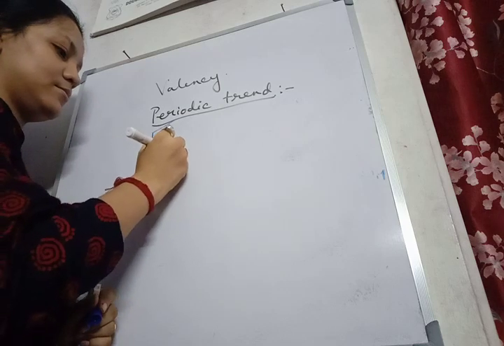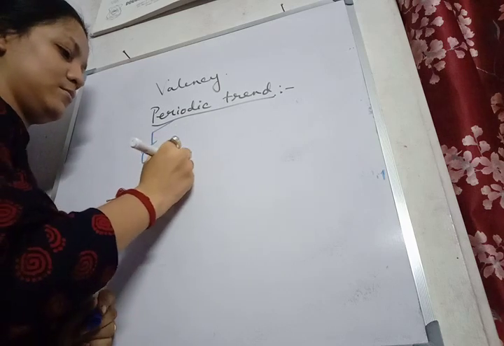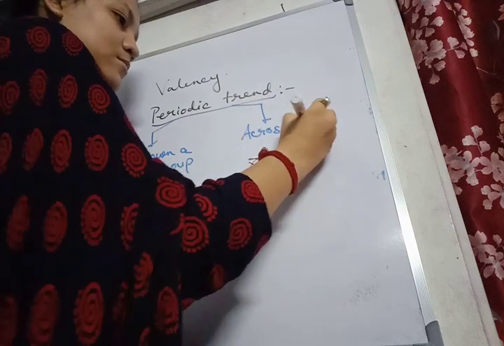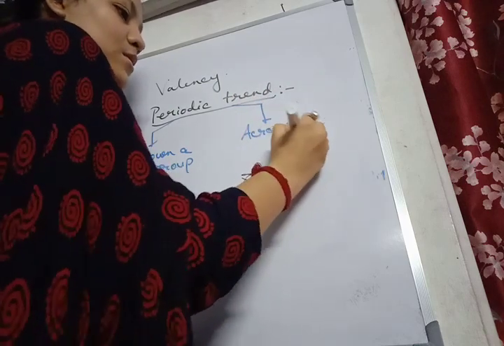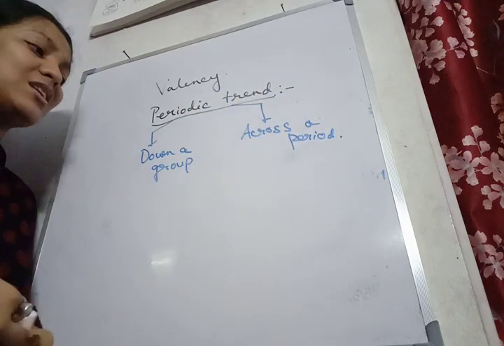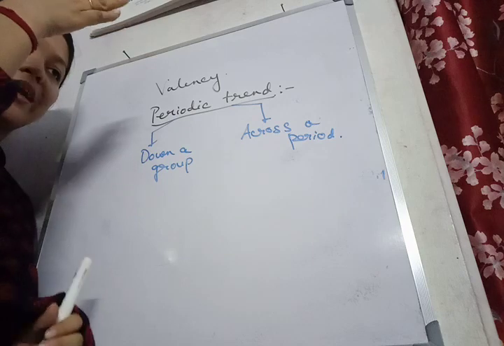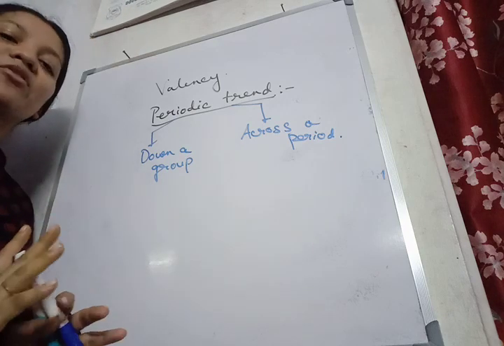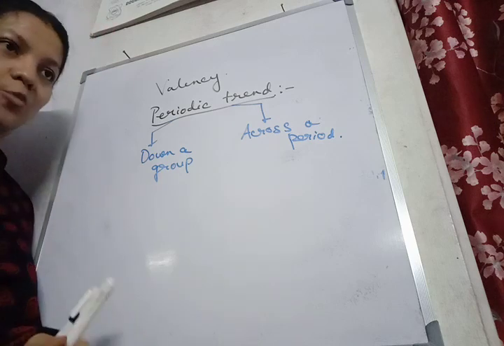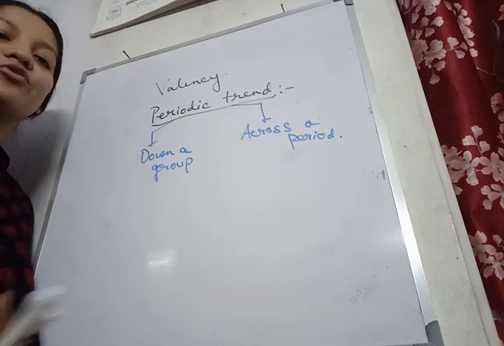Down a group, across a period. Now, you need to remember this. On moving down a group, the group number remains constant and the valency also remains the same. Suppose I take the example of group 1.